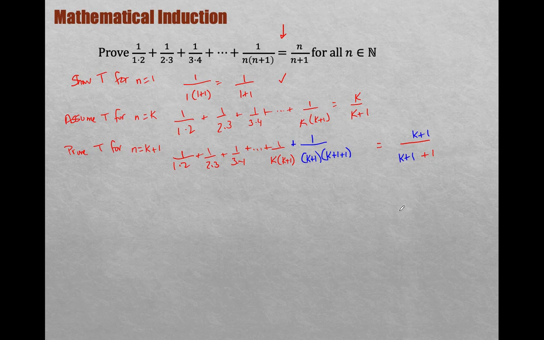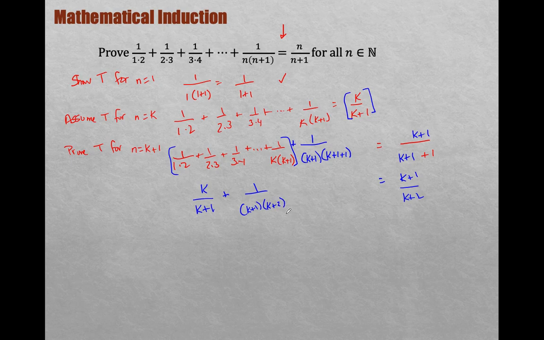So I will say that the right side is k plus 1 over k plus 2. The left side, you already know what you're going to replace there. That's going to be k over k plus 1, right? From your assume step, plus 1 over k plus 1 times k plus 2.